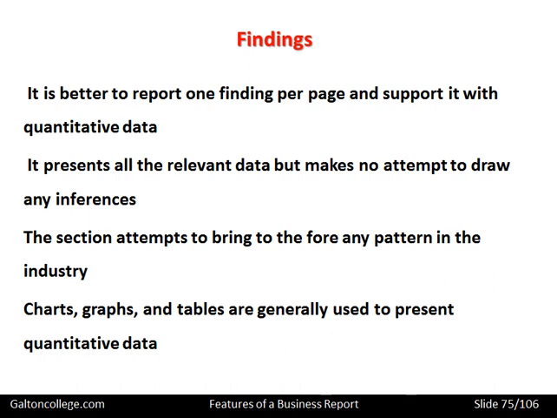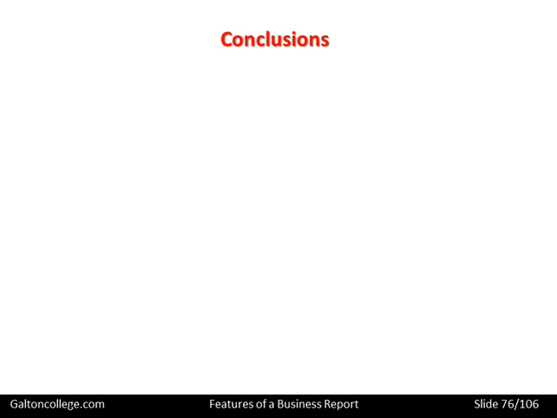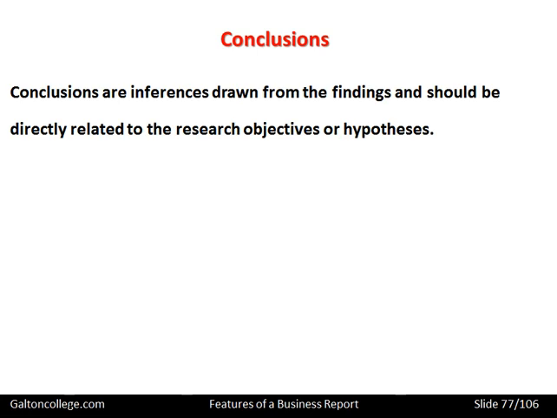Now, let's move to the conclusions. Conclusions are inferences drawn from the findings and should be directly related to the research objectives or hypotheses. So the conclusions are what come out of the findings. They are directly related to the findings.